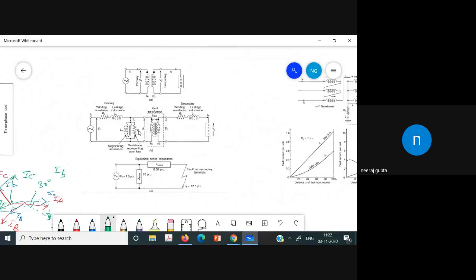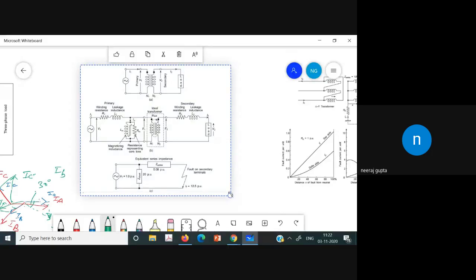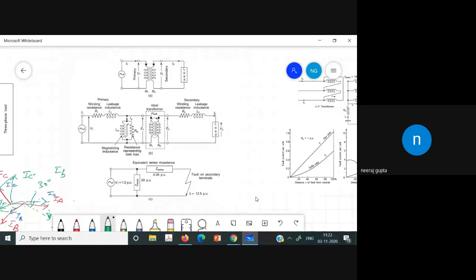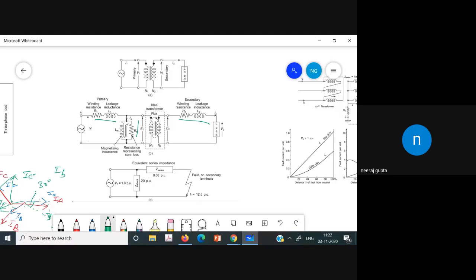Now let us consider that we have the system. As you have read in machines, we will have the primary and the secondary, and the equivalent circuit is given by this. That is, we have the winding resistance and inductance and the magnetizing branch, and then we will have the secondary winding. Now, from this, you will see that the impedance of the magnetizing branch is very large.